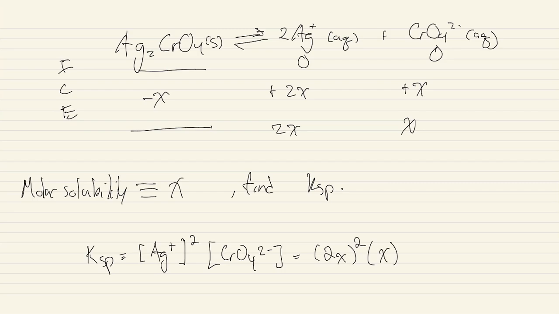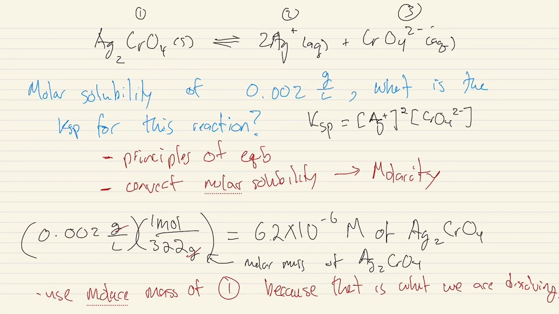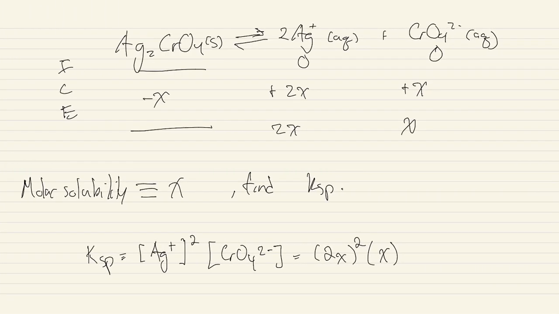And what we've done on the previous page is convert the molar solubility into units of concentration, and the molar solubility is just equal to x in this case. So that means we're going to have 4 times 6.2 times 10 to the minus 6, cubed. All I did is carry the square here: 2 squared gives me the 4, and x squared times x to the power 1 is x to the power 3. That's where I got the 3 from.